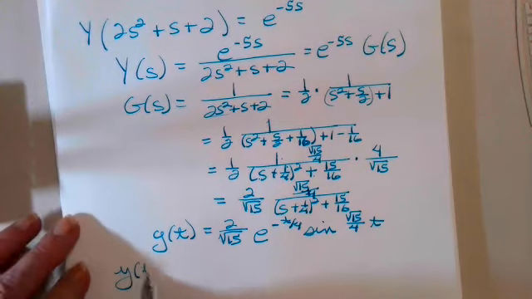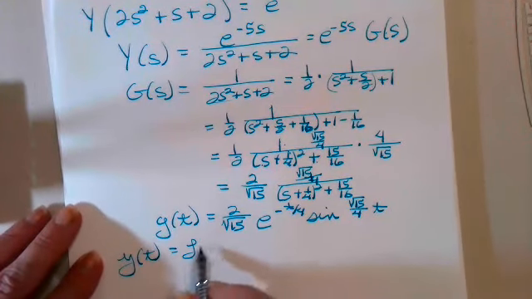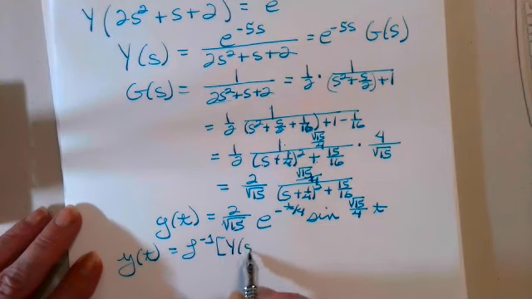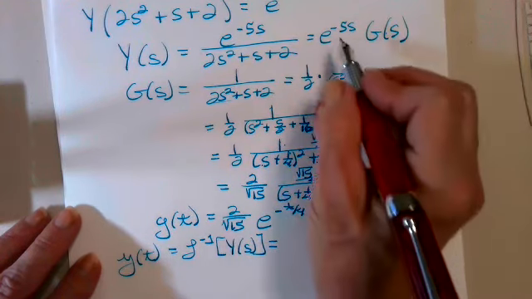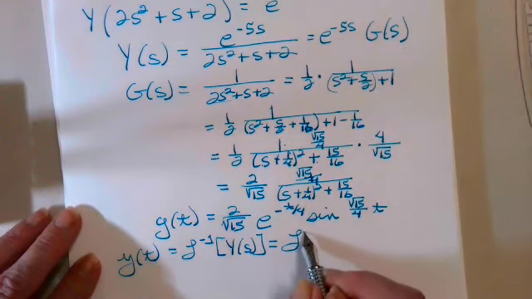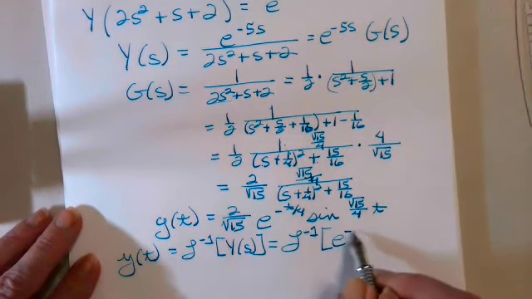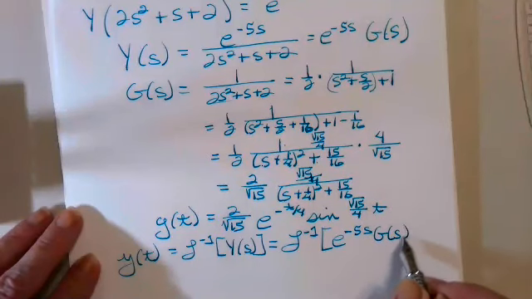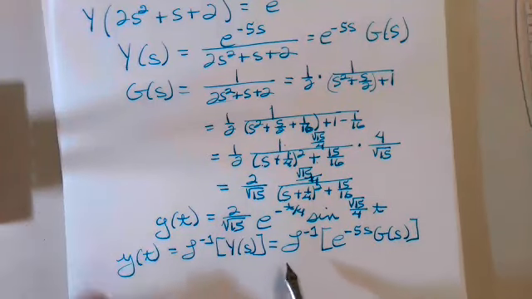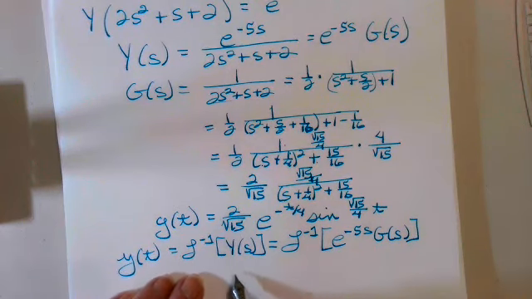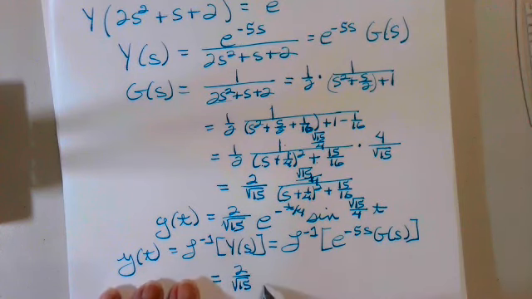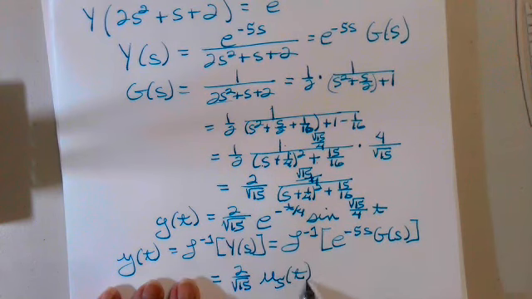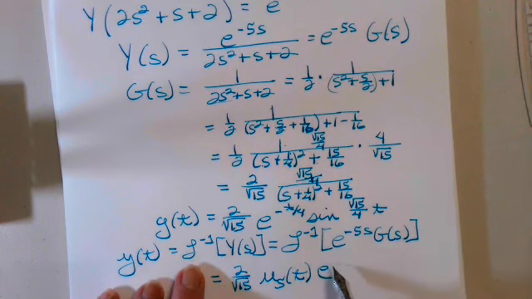But little y of t, which is the inverse Laplace transform of capital Y of s, is the inverse Laplace transform of e to the minus 5s times G of s. And so by row 13 on our chart, that is going to be 2 over the square root of 15, u sub 5 of t, and now e to the minus (t minus 5) over 4.